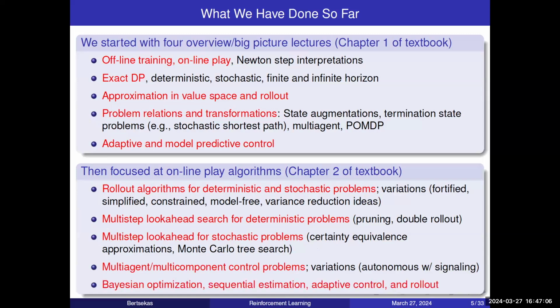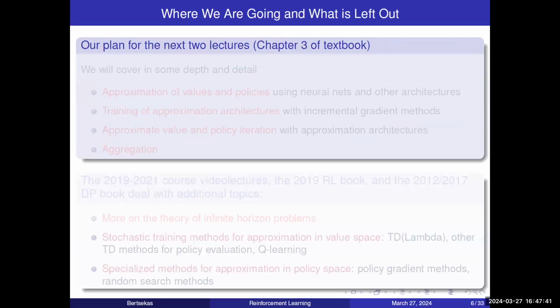And in the last lecture, we covered Bayesian optimization, whereby we view the problem as a POMDP problem, and it includes as a special case sequential estimation and adaptive control, where we can use rollout, and we demonstrate a case study of a Wordle application using rollout.